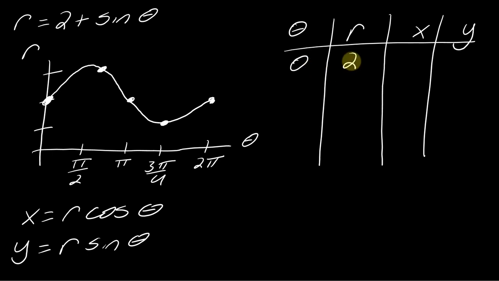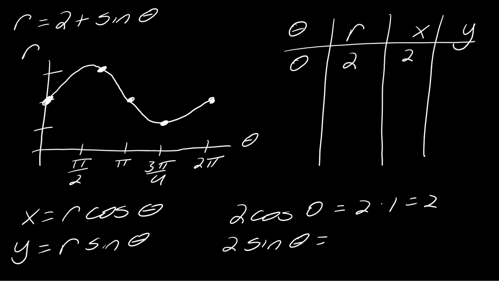So now if I plug in 0 and 2, I'll have 2 cosine of 0, which is going to be 2 times 1, so that's just going to equal 2. That's going to be my x coordinate. And then I'll have 2 sine of 0, that's just going to equal 0. So there's my first xy coordinate pair, okay?